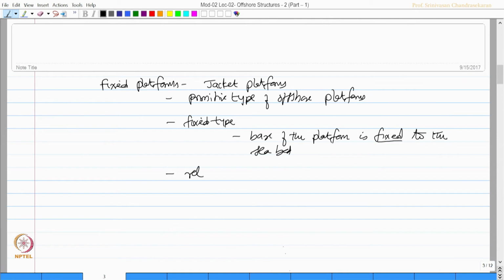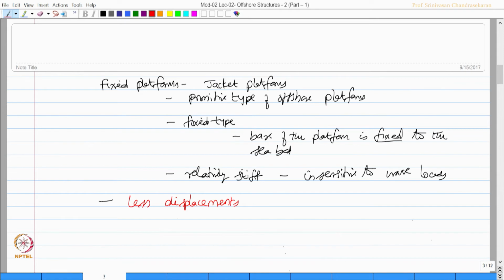They are relatively stiff and therefore, they prove to be insensitive to wave loads. Most importantly, they undergo very little displacement and practically no rotation under lateral loads.